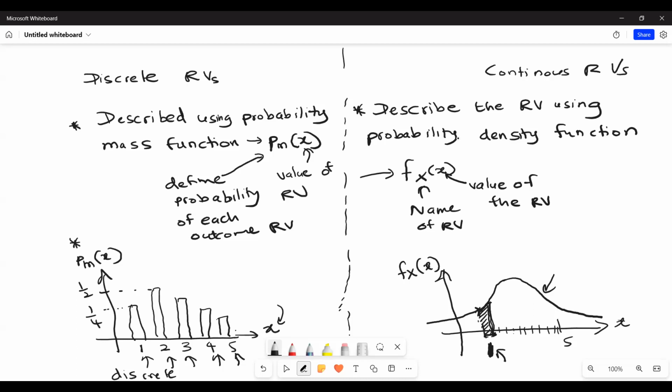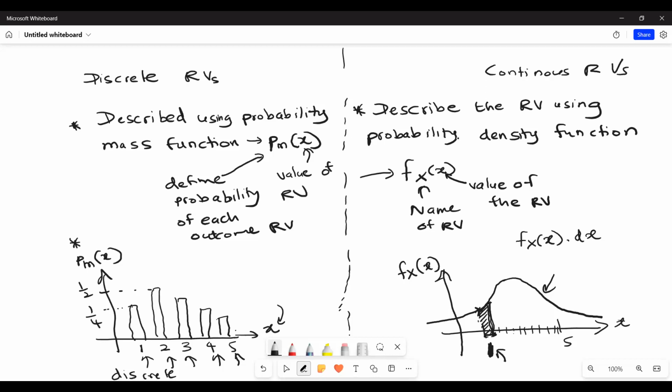So if I want to find, let's say, the value of probability around this one point, we need to take the area under that point in this curve. We can define that using this expression. We can take the value of the function over the dx that we consider, and then take the area around that x point, right?